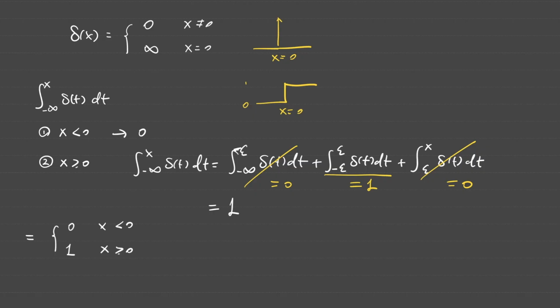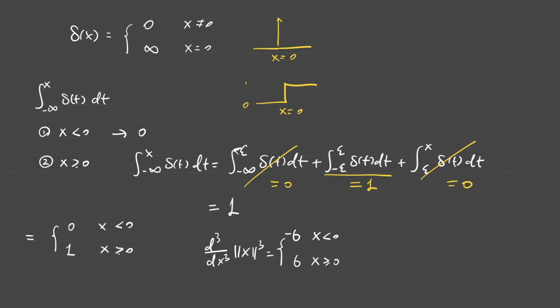And recall our third derivative gives us this, right? So it's minus 6 when x is smaller than 0, and then 6 when x is greater than 0. So let's call this thing the step function, right?